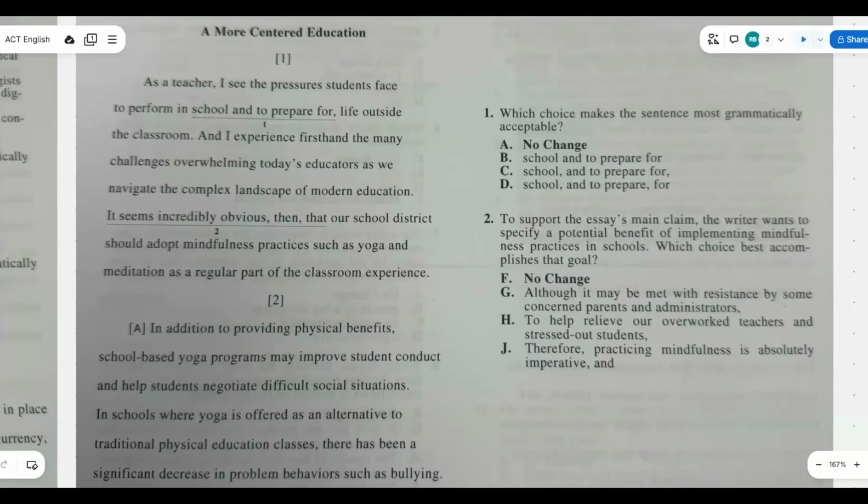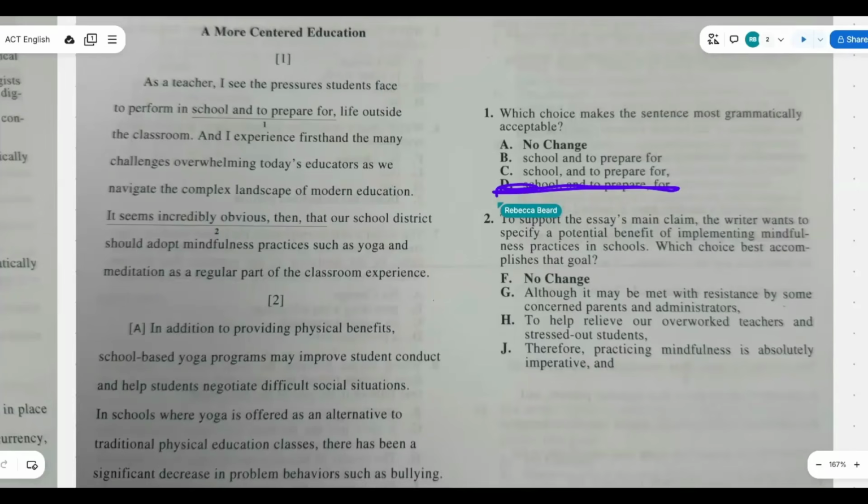Because if we just look at option D, this is how it would read out loud. I see the pressure students face to perform in school and to prepare for, like, I know it's obnoxious, but it's true. So you would eliminate D. The other reason you would eliminate D is there are just too many commas there. But outside of 7,000 commas, let's just go ahead and eliminate that for good measure.